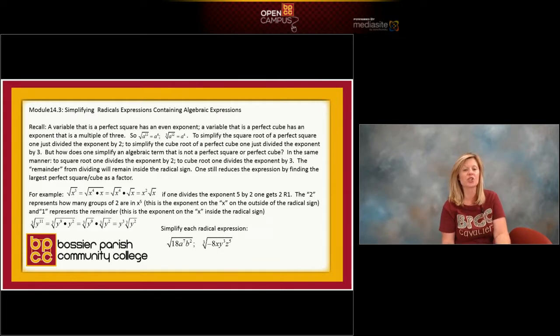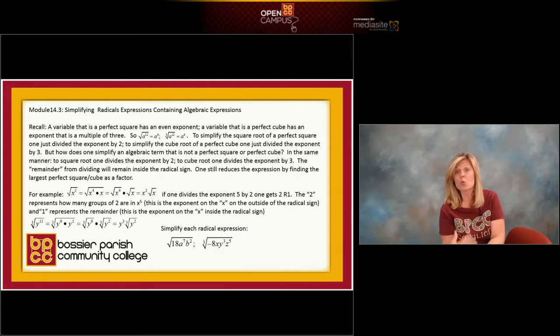So let's look at our next expression. I have the square root of x to the 5th. To do a square root, you have to have a perfect square. X to the 5th is not a perfect square because the exponent is odd. So one way to do this is to think, how can I rewrite x to the 5th as factors that have a perfect square?